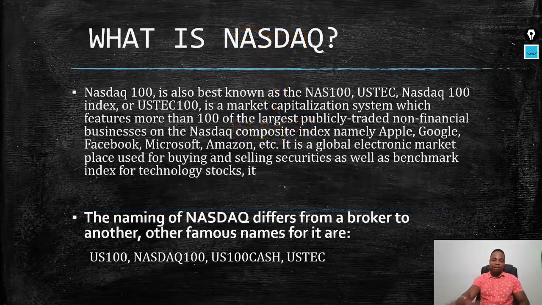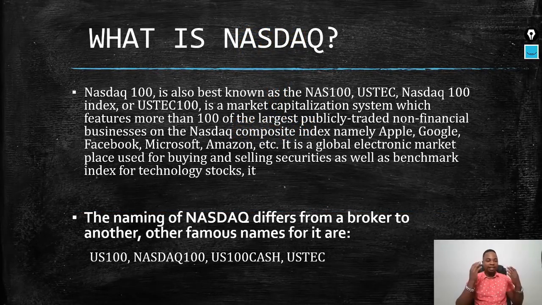So before we jump into anything too hectic, it's very important for you to know the definition of Nasdaq. So Nasdaq 100 is also best known as Nas 100 US Tech, Nas 100 Index, or US Tech 100.